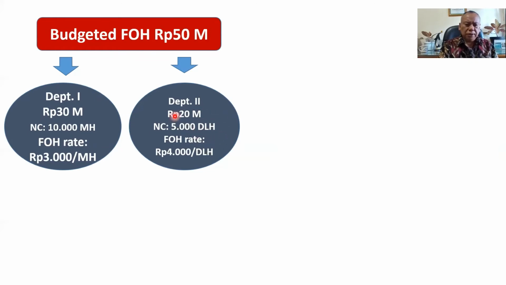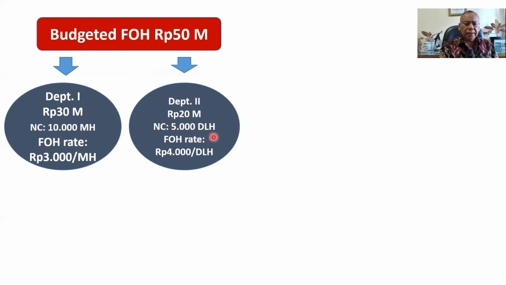After we find the cost driver, we need to find the normal capacity. For example, in department 1, normal capacity 10,000 machine hours, and department 2, 5,000 direct labor hours.